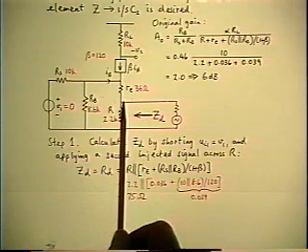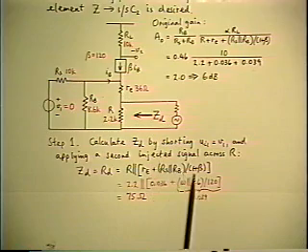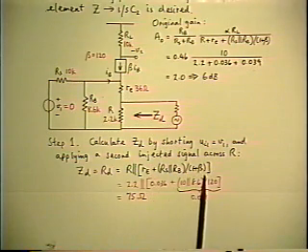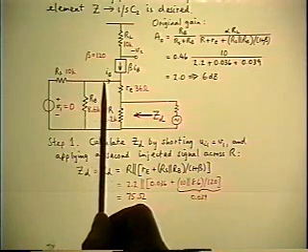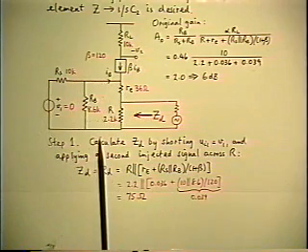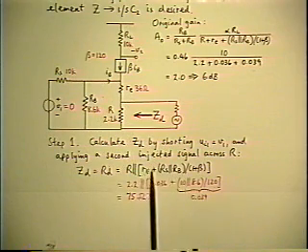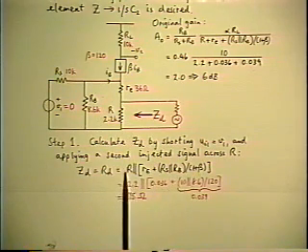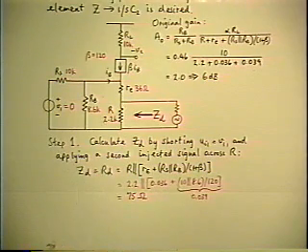So the parallel path consists of RE plus the reflected base resistance. And that's all, because when you get to the base, having reflected those resistors, the base then becomes AC ground. So this pair of resistors in series is in parallel with R. So that's the answer for ZD, which is, of course, a resistance RD in this example.